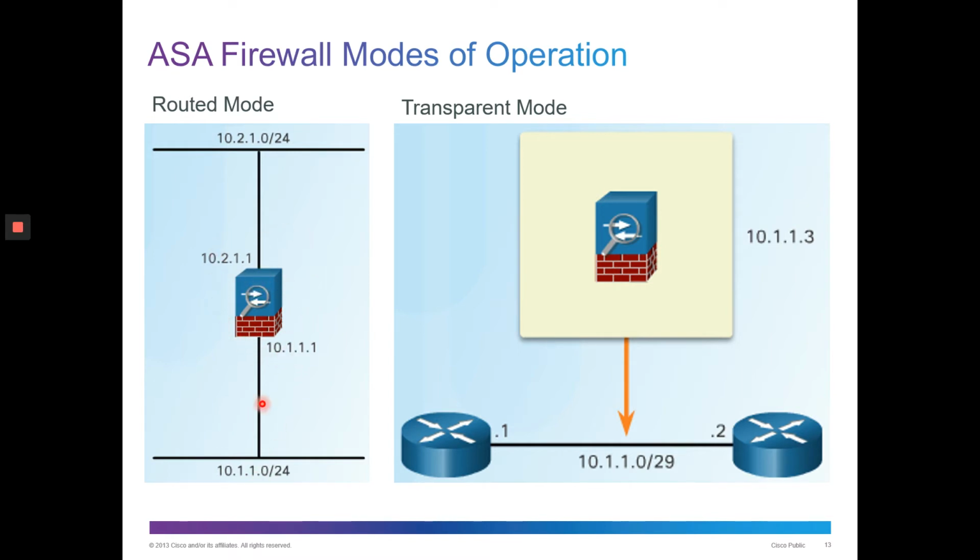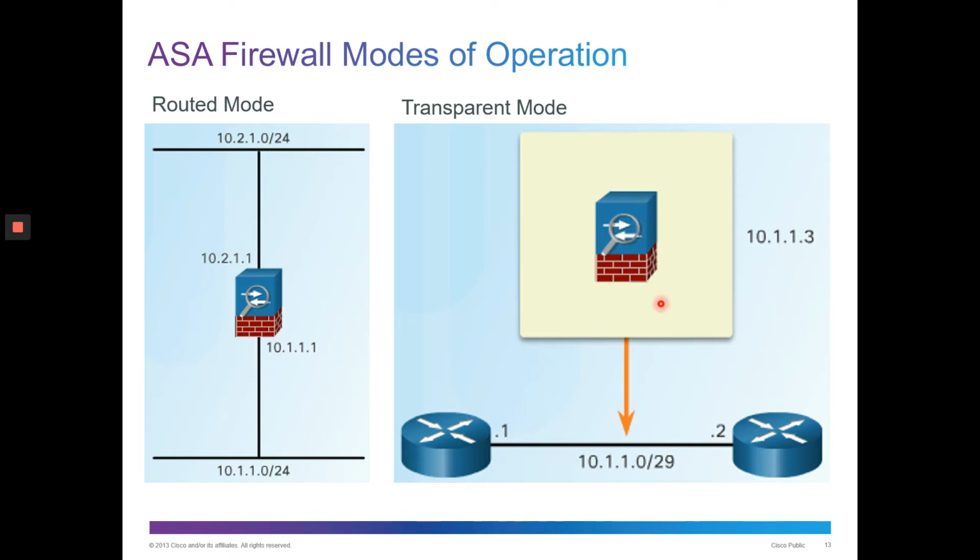Both interfaces have IP addresses attached to them, so any traffic flowing between these two networks goes through this firewall and gets filtered. In transparent mode, there is only one IP address, of this network, and the firewall is not placed in between. But again, the traffic gets filtered through the firewall.